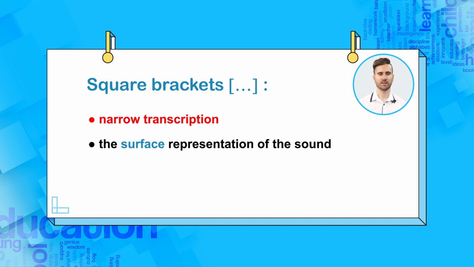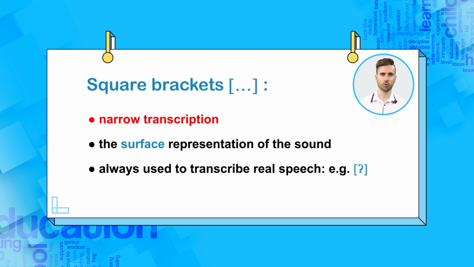The linguistic name for this is the surface representation of the sound. In contrast to broad transcription, if a sound is transcribed with square brackets, then it was indeed real speech that has been heard. In conclusion, when transcribing real speech, we always use square brackets.